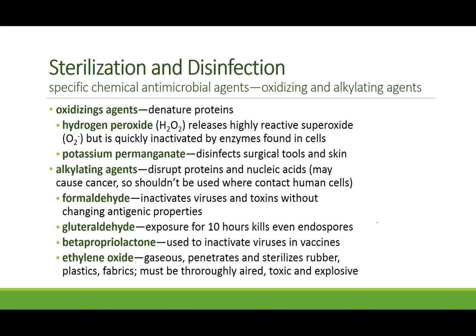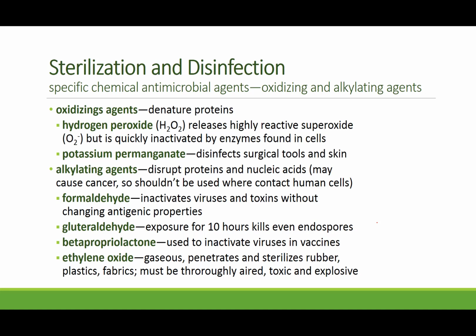Some more specific chemicals, oxidizing and alkylating agents. So we talked about oxidizers like hydrogen peroxide, that's H2O2. I love that the name tells you exactly its components. If there's one hydrogen per every oxygen, then you've got a hydrogen peroxide.